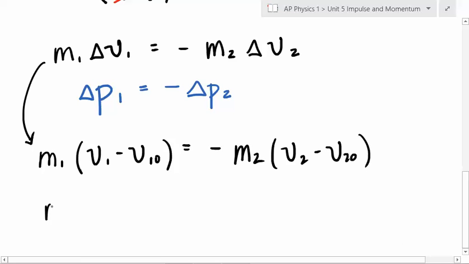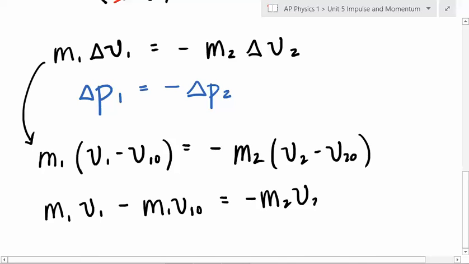Then I could distribute the m, so m1 v1 minus m1 v1 initial is equal to negative m2 v2 plus, because I have a negative times a negative, m2 v2 initial.